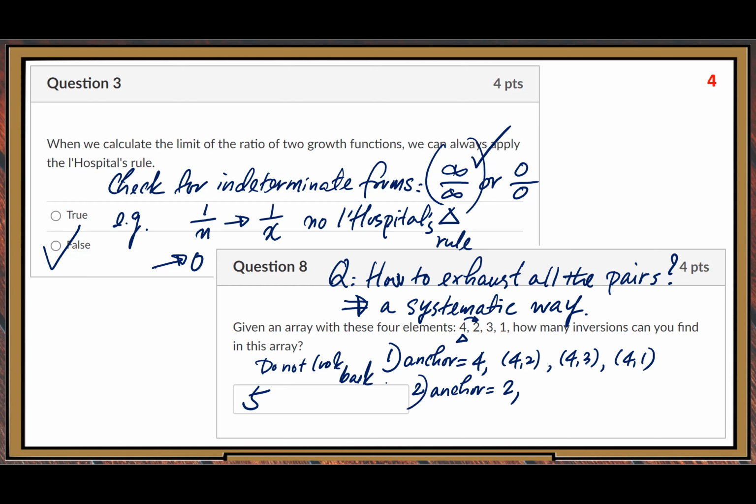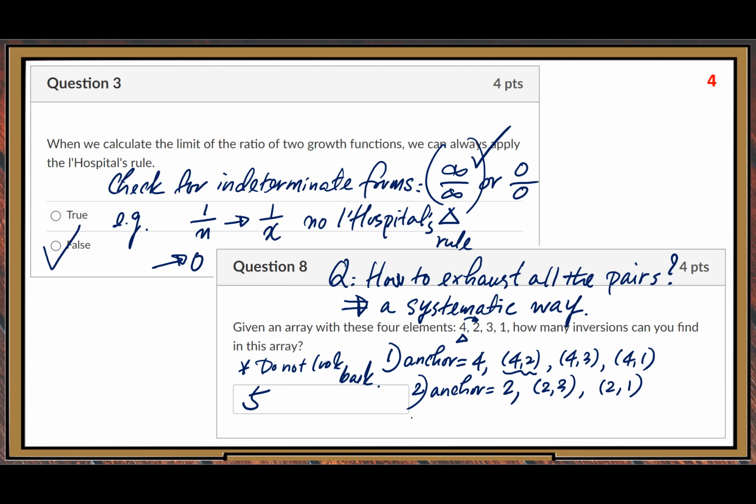That's the rule. Do not look back. Do not consider 2 and 4 because we already considered 2 and 4. Why look at it another time, right? So 2 and 3, 2 and 1. Do not look back.